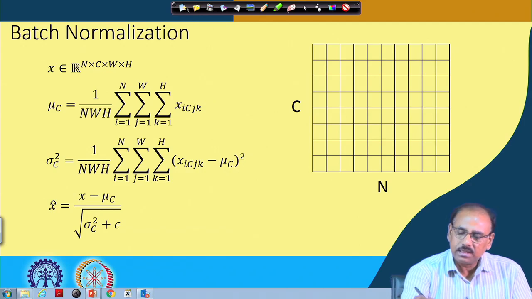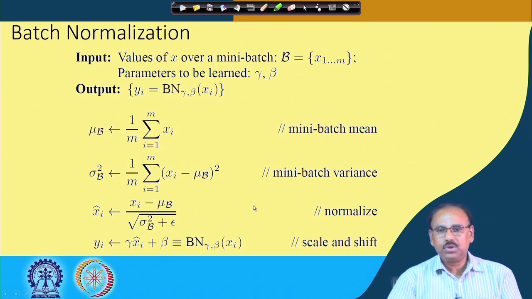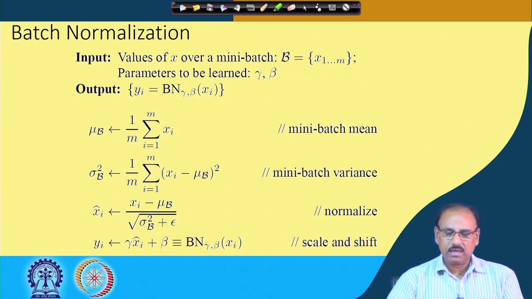As a result, if I can put it in another form also, all the channels put together can be represented as a vector. So I compute the mean vector mu_B over a batch, which is given by the sum of x_i, i varying from 1 to m, normalized with respect to m.